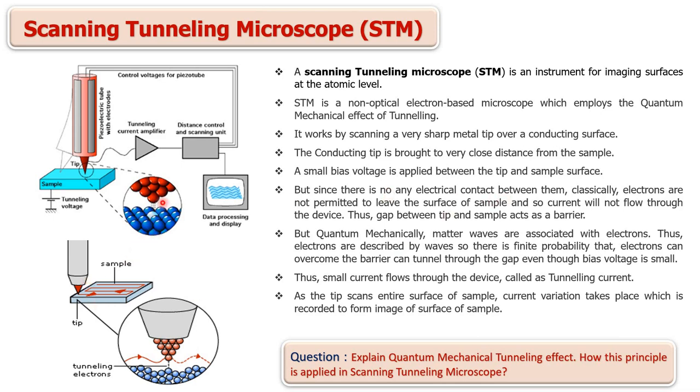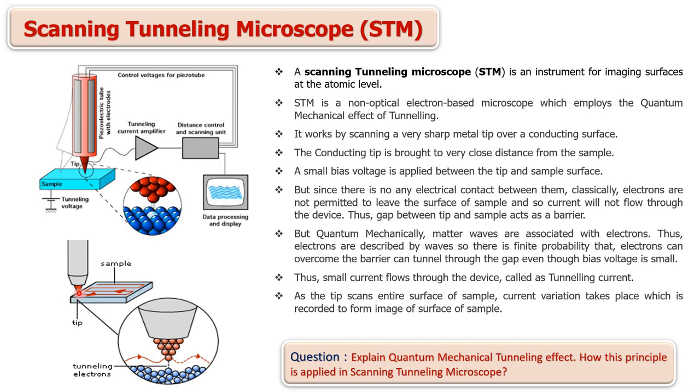So even though the gap and the barrier are there, these electrons can tunnel through the barrier because they are considered as waves. The electrons move towards the tip of the probe, current flows, and that current is amplified by the current amplifier. In this way, tunneling effect occurs in STM.